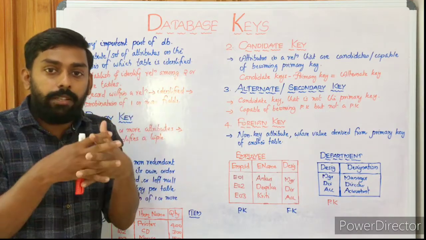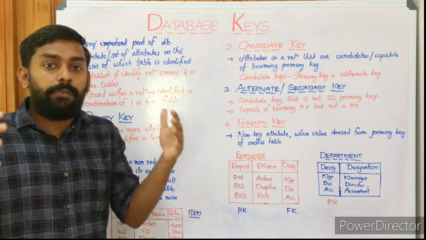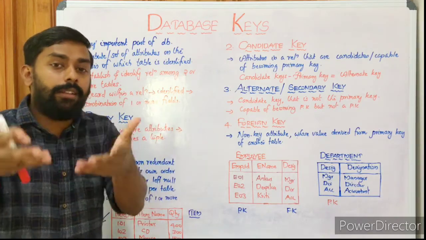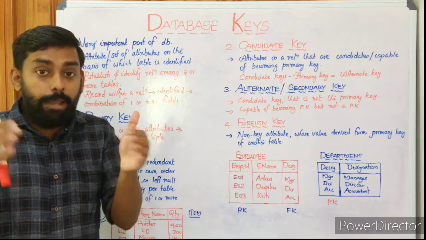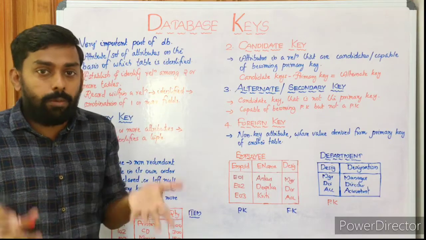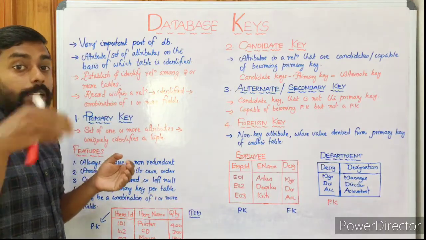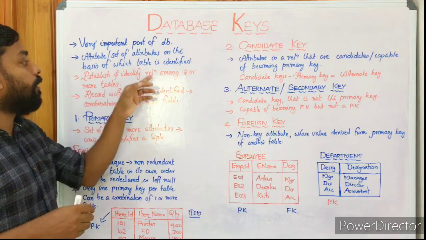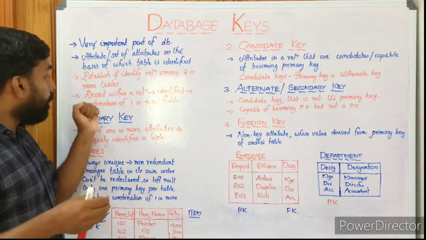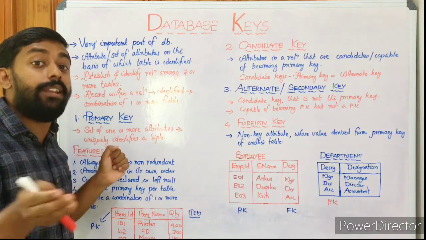At the time of connecting, we know in a relation we'll have multiple tables. Sometimes we have to connect these tables to get data from them, or this can be useful for a single table as well. So this statement is about multiple tables: establish and identify a relation among two or more tables. Then this can also be used for identifying records in a single table.